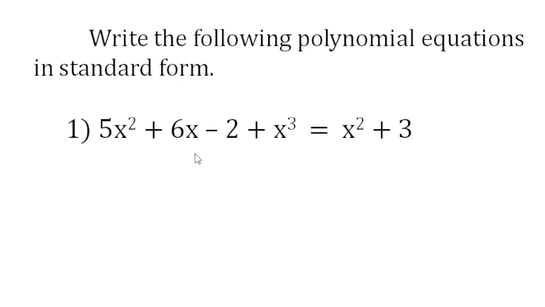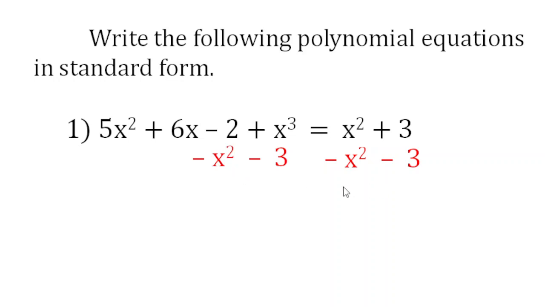So in this case here, the first thing we're going to do is make sure that the right hand side will become 0. To do that, we subtract x squared and we subtract 3 to make the right hand side 0. And we have also to do this on the left side.